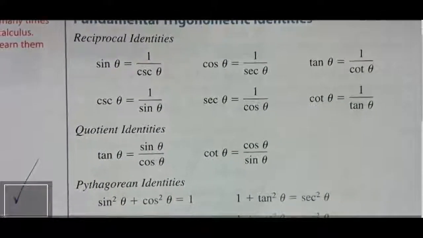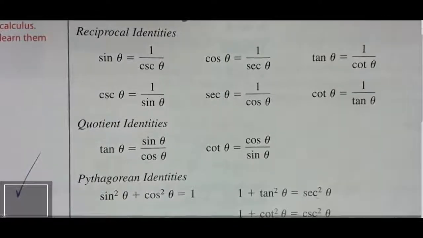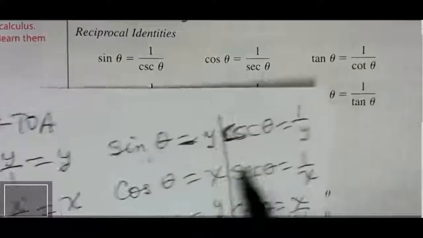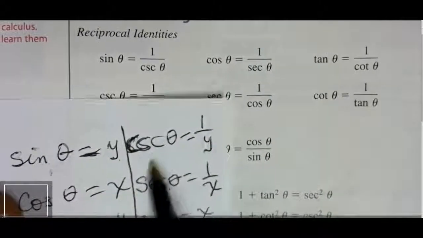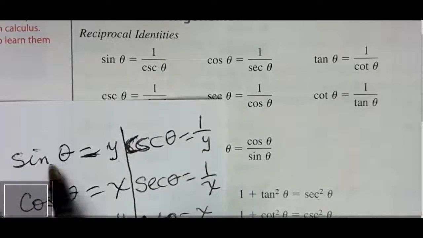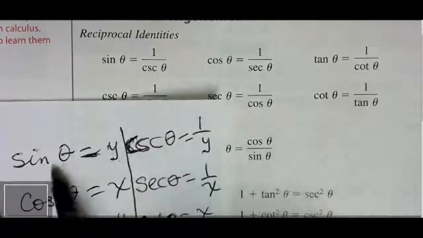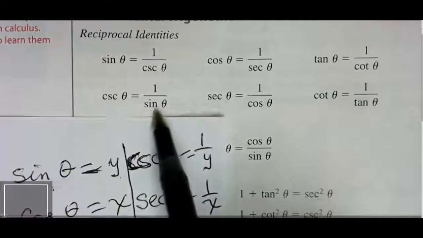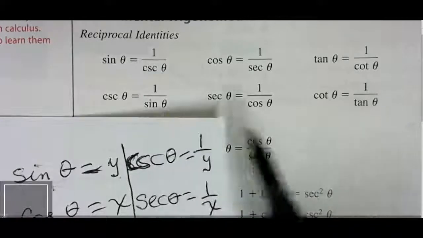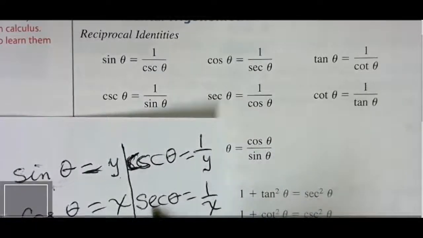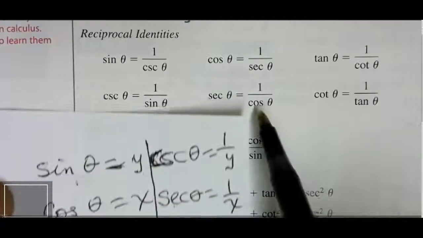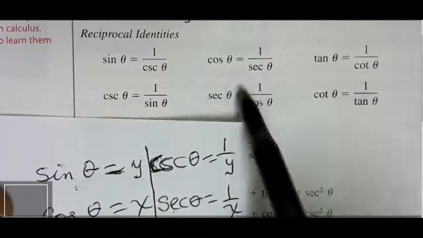Alright, then let's look at what we have with these identities. Let's start from maybe the cosecant. The cosecant was 1 over y. Well, we know that y is sine theta. So if we replace y with sine theta, cosecant theta is 1 over sine theta. See that? And then secant theta is the same thing. Secant is 1 over x. X is cosine, so if we substitute cosine, we get that.